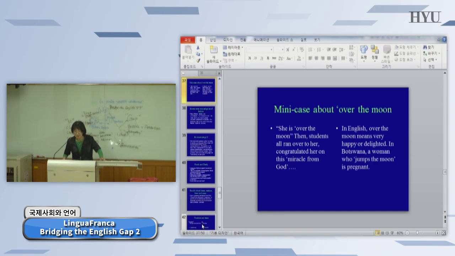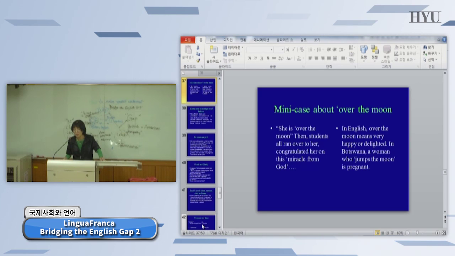And also this is a mini case about the confusion over the use of over the moon. So she is over the moon. Then students ran over to her and congratulated her on her miracle from God. The students thought that when they said over the moon, she was pregnant. In English, over the moon means very happy or delighted.